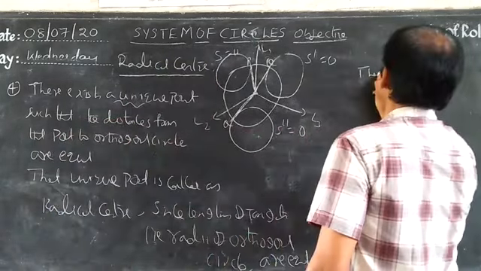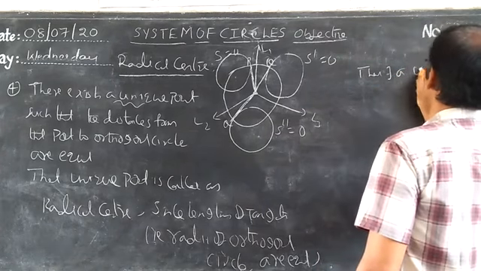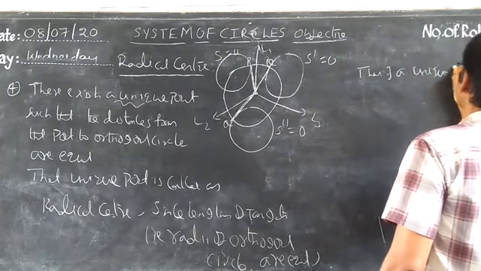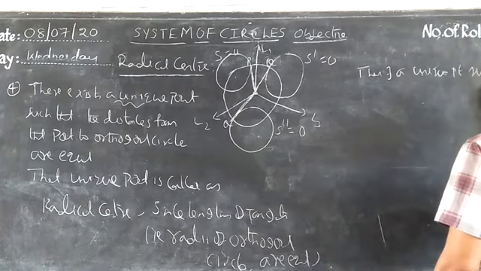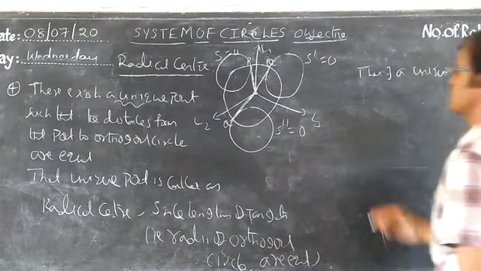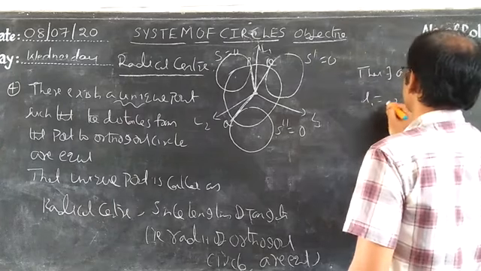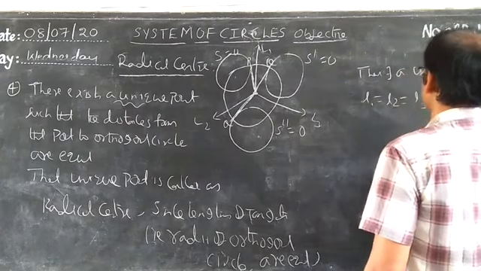Then there exists a unique point such that L1 is equal to L2 is equal to L3.